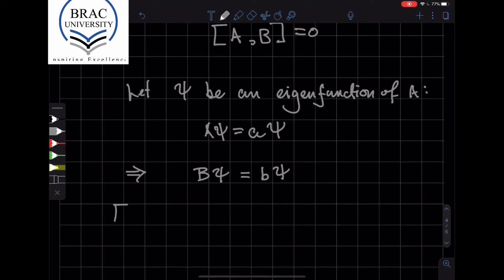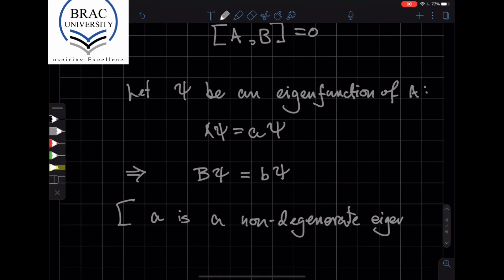So here what we're assuming is that a is a non-degenerate eigenvalue of A. What does this mean?